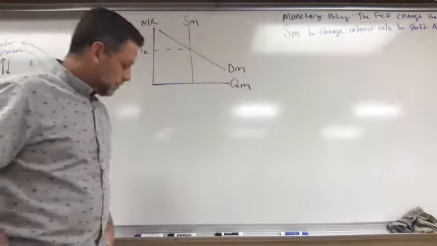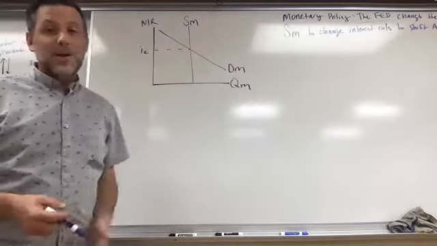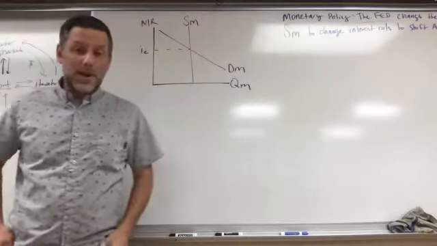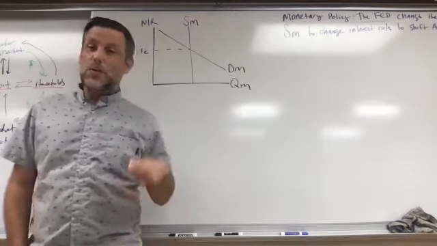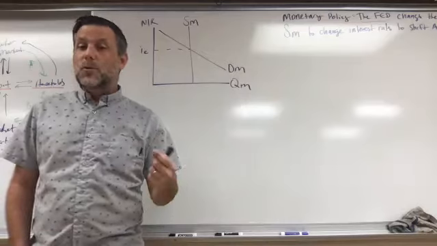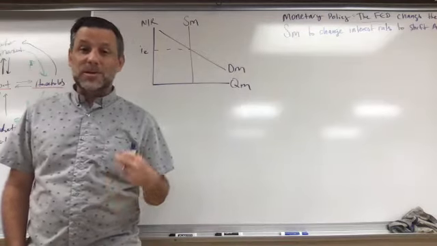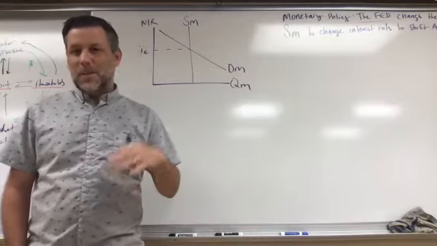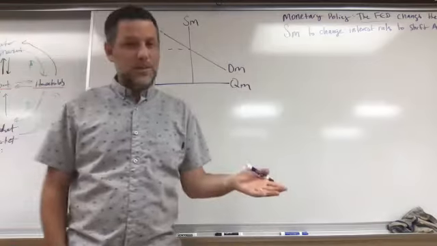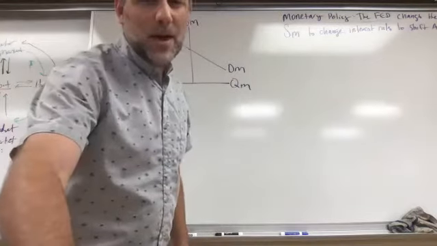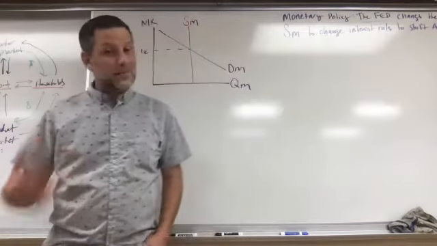Now, it's important that you understand when we talk about the demand for money, we're talking about the demand for M1. So what we're really asking here is, if you have money, do you want it to be M1 or do you want it to be some other interest earning asset? Typically, I'll refer to interest earning assets as M2, even though technically M1 is part of M2.